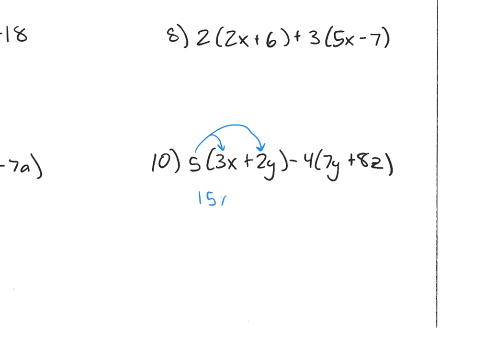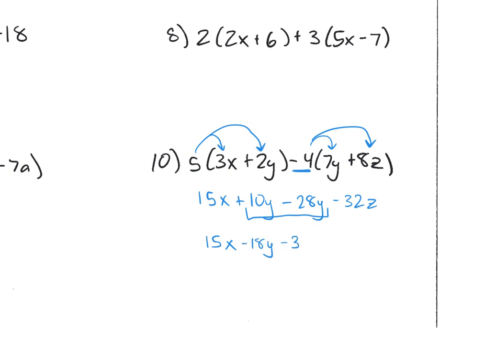So that's 15x plus 10y. And then the -4 is distributed to the next 2. So that's -28y minus 32z. And now you combine like terms. The only terms you can combine are our 2 y's. So your final answer is 15x minus 18y minus 32z.